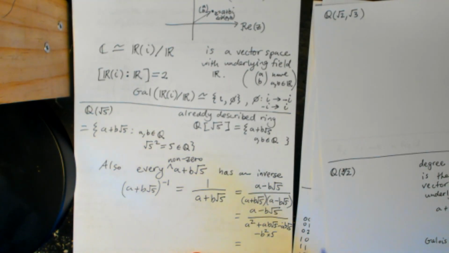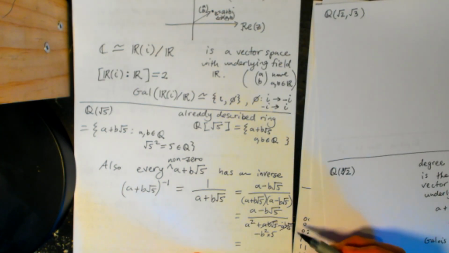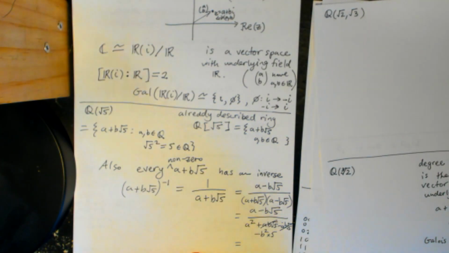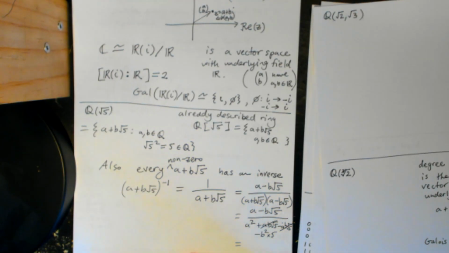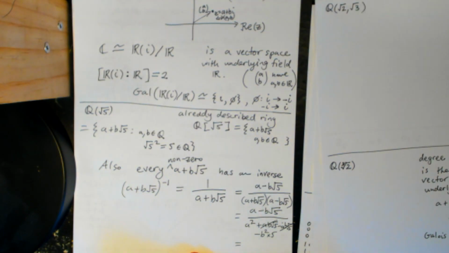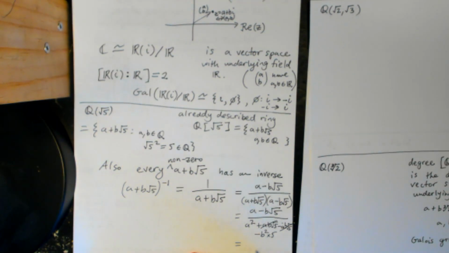Okay, so in other words, we see these two vanish, right? Their difference is 0. And so we have basically now in the denominator a squared minus 5b squared. But a squared minus 5b squared is an integer, given that a and b were integers.